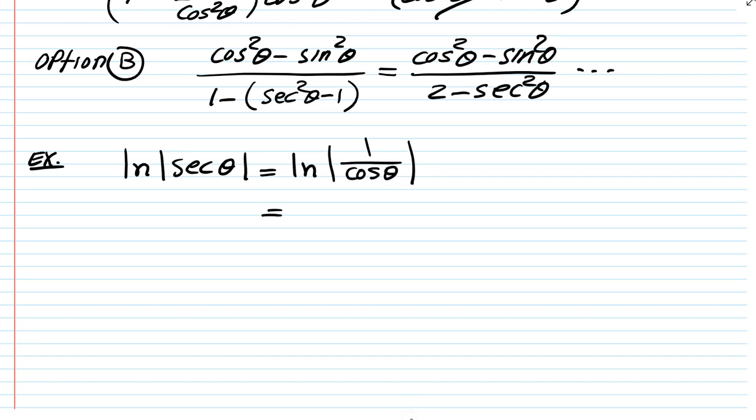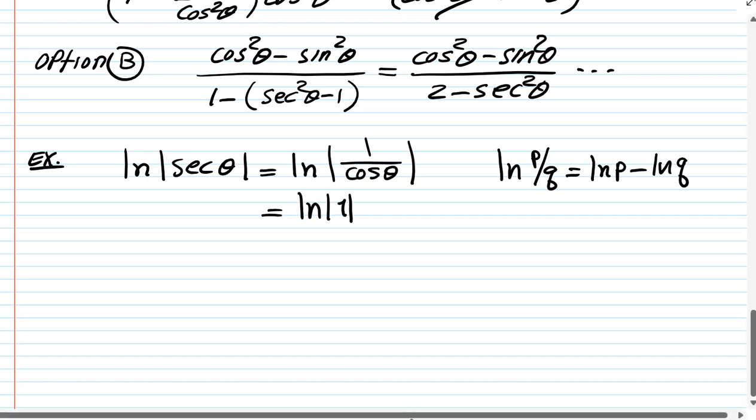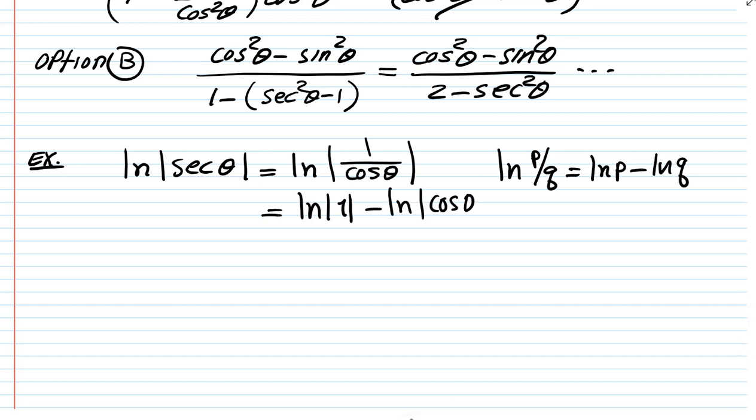And 1 over cosine, well, we can use properties of logs. Remember, ln of p over q is ln of p minus ln of q, right? So using the quotient property, I can write this as ln of absolute value of 1 minus ln of absolute value of cosine. Natural log of 1 is 0, and you don't need absolute value on that anyways.